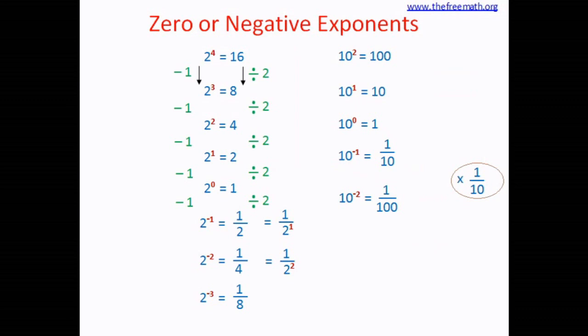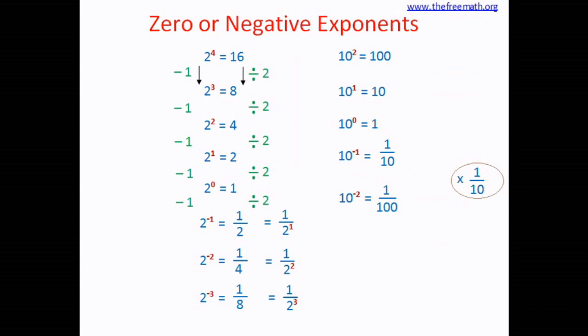And 1 over 8 can also be written as 1 over 2 to the power of 3. So you can see that 2 to the power of negative 2 equals 1 over 2 to the power of positive 2, or 2 to the power of negative 3 equals 1 over 2 to the power of 3.